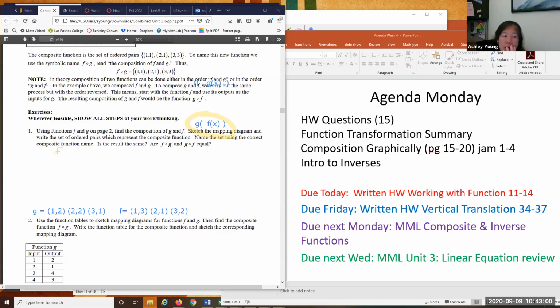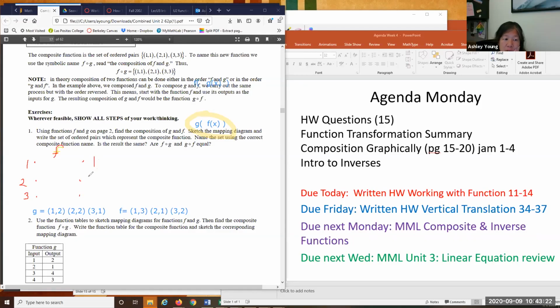I like red, so we'll do red first. I have 1, 2, and 3, and my outputs are also 1, 2, and 3.